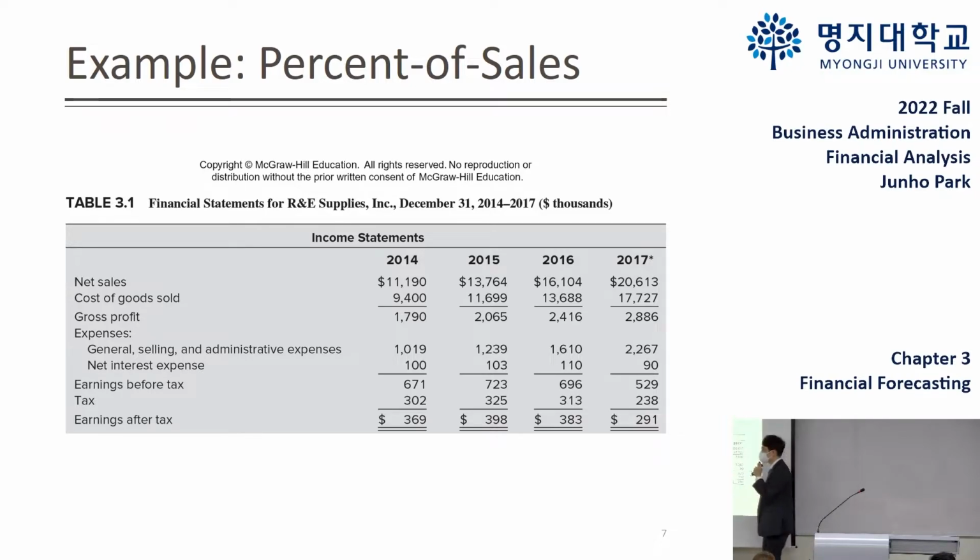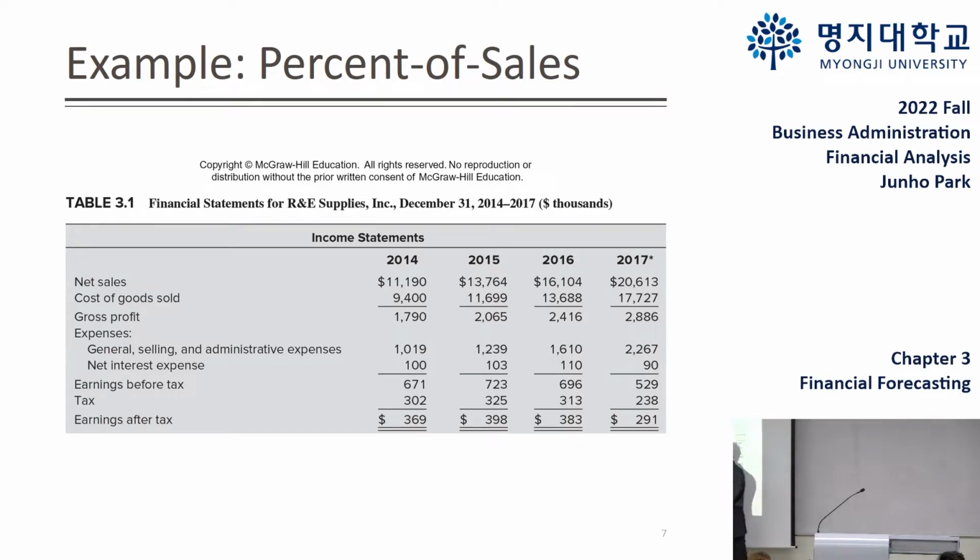I start from earnings before tax. The ROIC is a measure which is independent of capital structure. So we are going to assume that the firm has no interest-bearing liabilities, and therefore they don't need to pay the net interest expense.